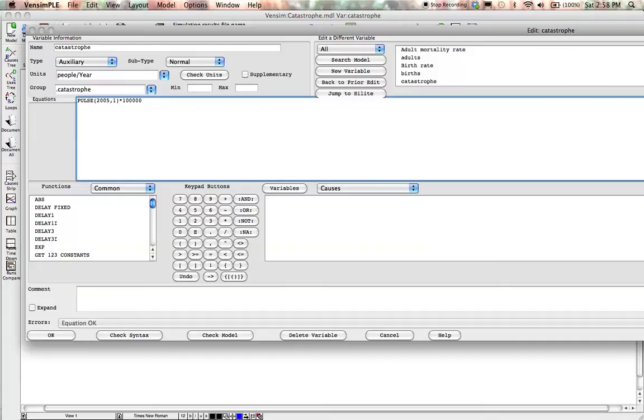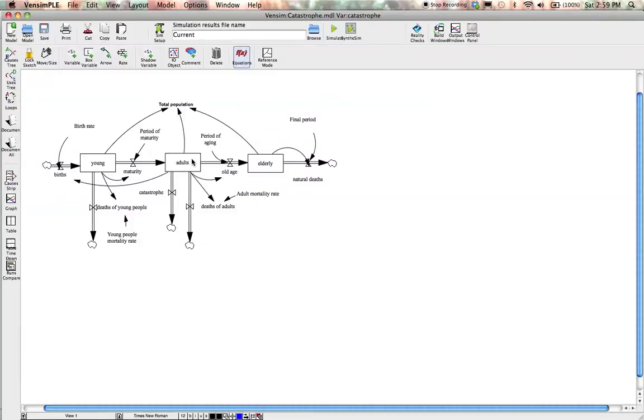So there is an event that causes 100,000 immediate deaths in the adult population. And the idea of this model is to see what that does to the overall population. So let's walk a little bit through the entire model, and let's start with the young.